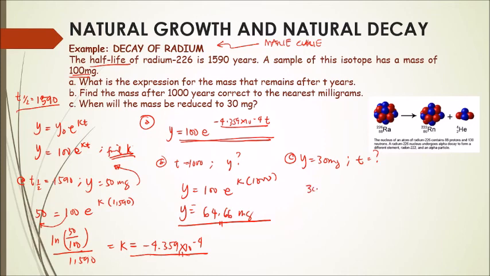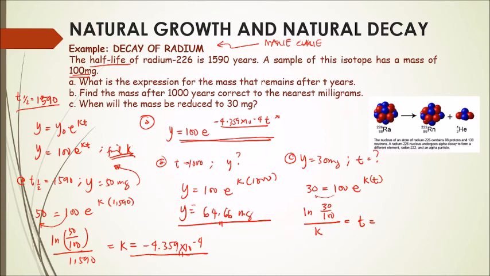At 30 milligrams, 30 equals 100 e to the k times t. We don't have t, so we can directly move things and so on. So this becomes ln of 30 over 100, over k, which is equal to t.